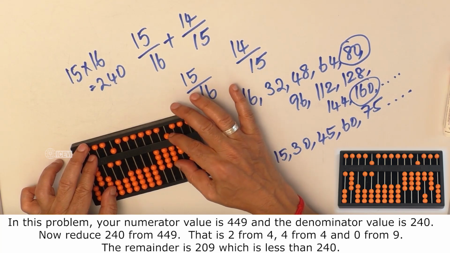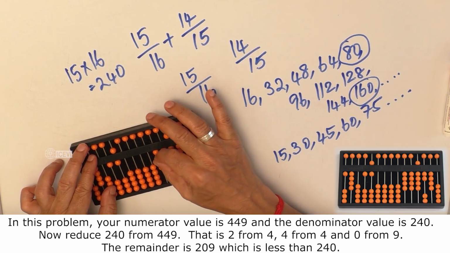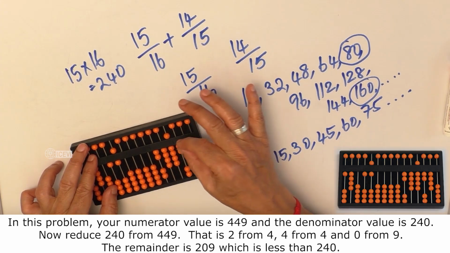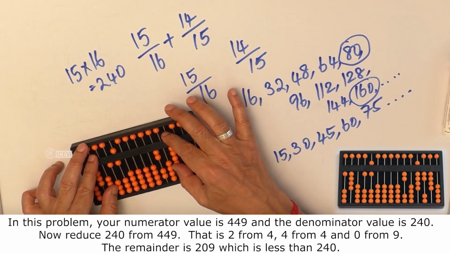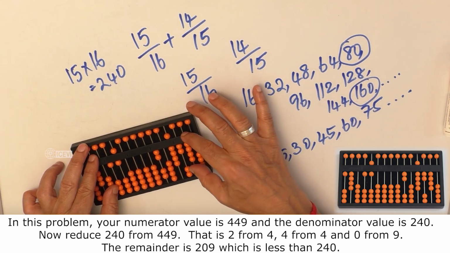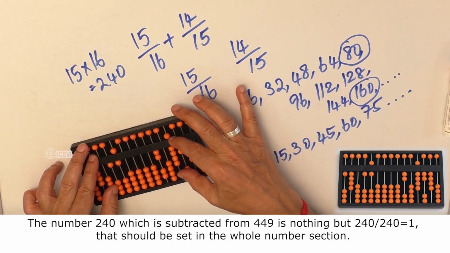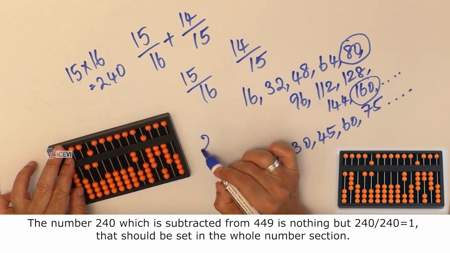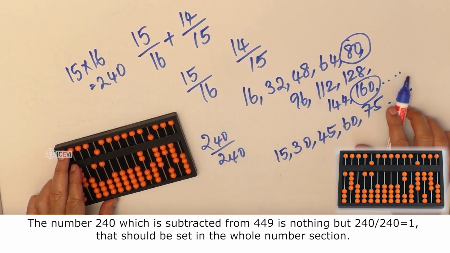Now reduce 240 from 449, that is 2 from 4 and then 4 from 4 and 0 from 9. The remainder is 209, which is less than 240. The number 240, which is subtracted from 449, is nothing but 240 divided by 240. That is 1.